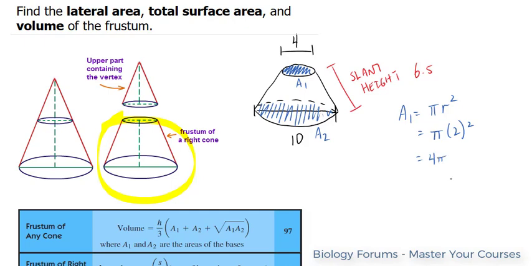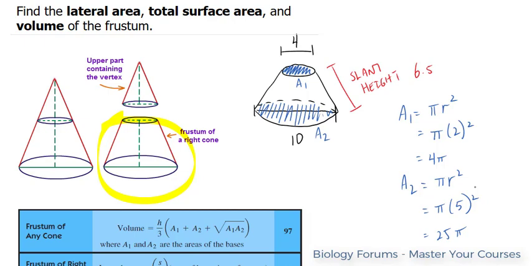We're not going to find out what that is equal to yet. Then next, we'll find out A2. A2 is pi r squared. Once again, pi r, which is equal to, this time, you guessed it, 5. So here we have 25 pi. 5 to the power of 2 is 25 pi. Great.